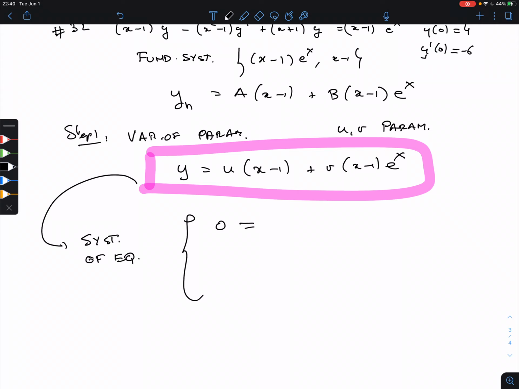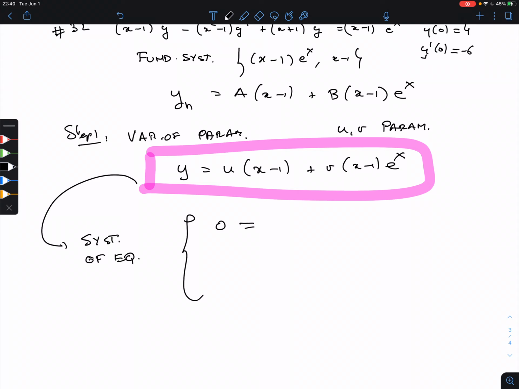You can even impose an extra condition. I could say, Professor, then I would like to put u equal to 0, right? Sure, but if you put u equal to 0, then you're doing the method of reduction of order. And reduction of order works, because you can use either one. So this is exactly what you're not doing.